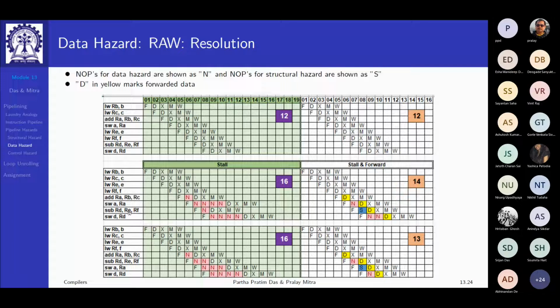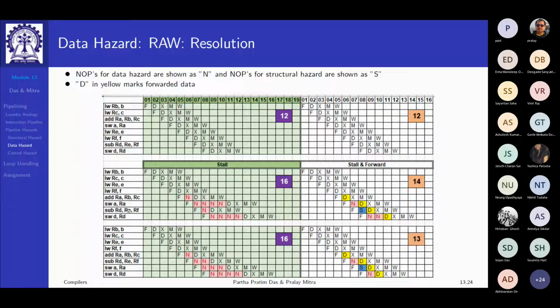Now, here again, we observe that, though we have been able to almost get rid of stalls in add, the store of RA still has a number of stalls because it is happening immediately after add. So can we push some cycles here by noting that sub is data independent of this store?